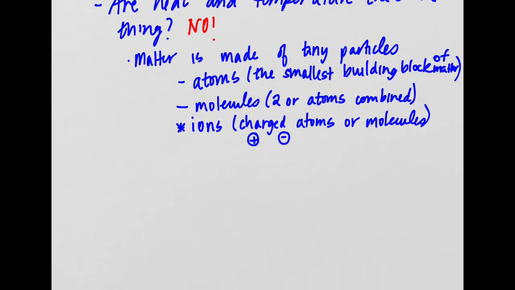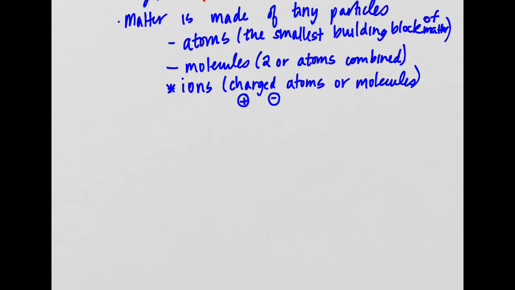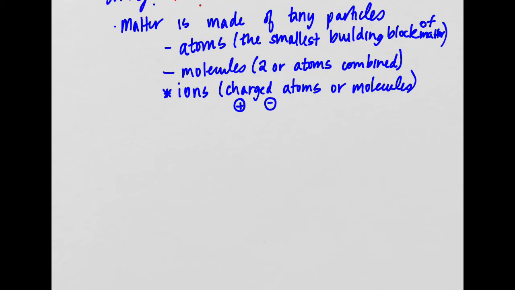So we have to think about these tiny particles in matter and what those tiny particles are doing in matter. In all matter, whether it's solid matter or liquid matter or gaseous matter, no matter the type of matter we're looking at, all of these tiny particles that make up the matter are in constant and random motion.